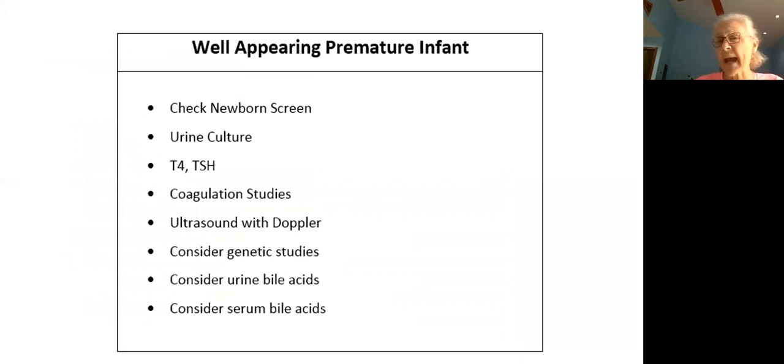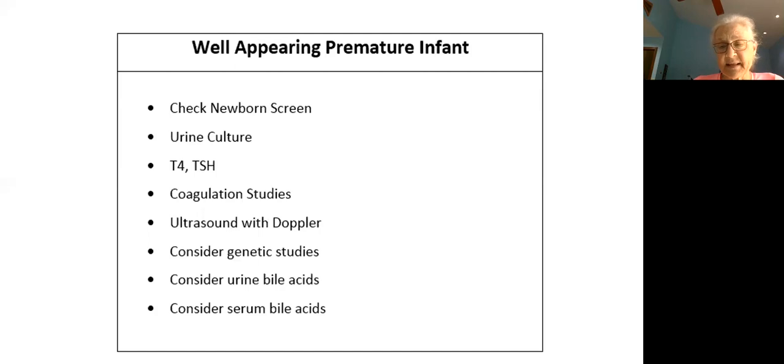So what do I usually ask for? In a well-appearing premature infant that I have a little bit of time, I always check the newborn screen, make sure that there's nothing there. A urine culture, since UTI was the most common cause of dysfunction we found. We look for thyroid disease.